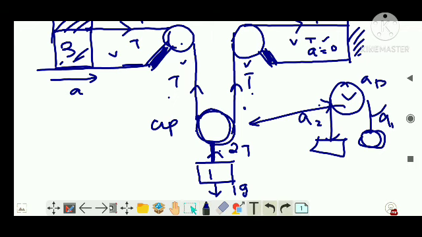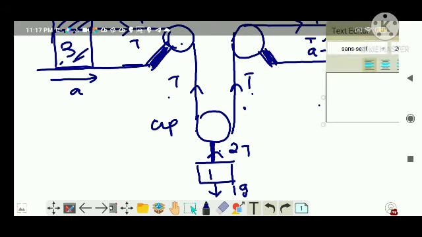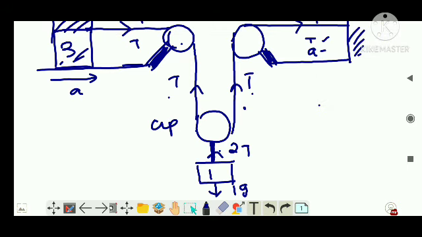Clear? Now I just wrote, since the right string is from the fixed support, I can write this acceleration is equal to 0, whereas this string is attached to a weight which is moving downwards with an acceleration A. So here acceleration will be A, here acceleration is 0. So I can write acceleration minus AP.